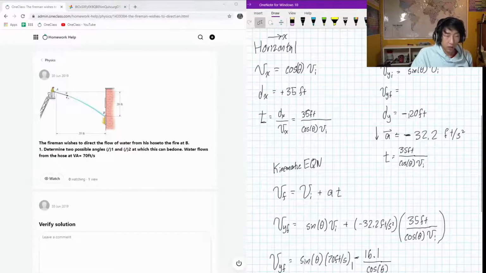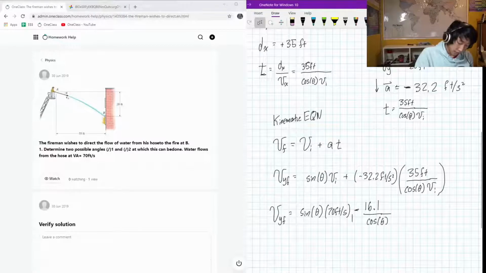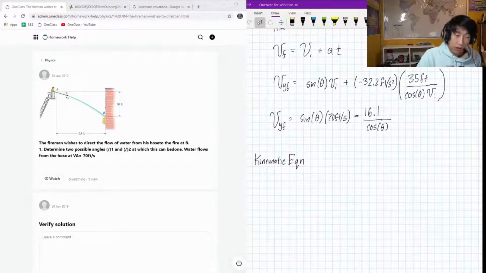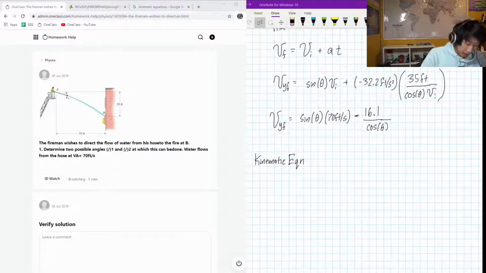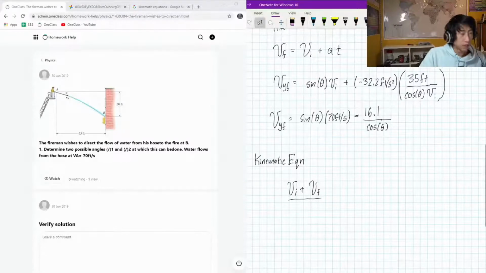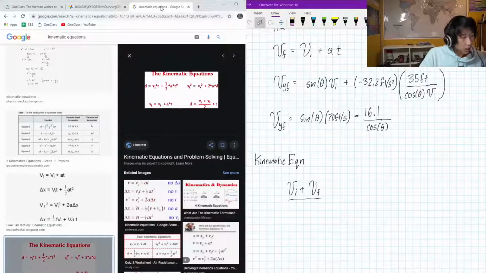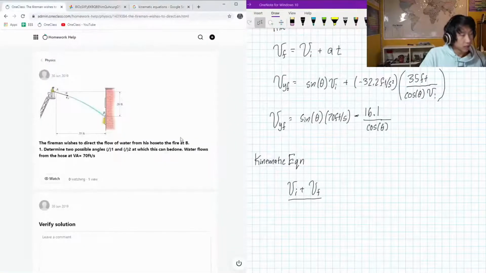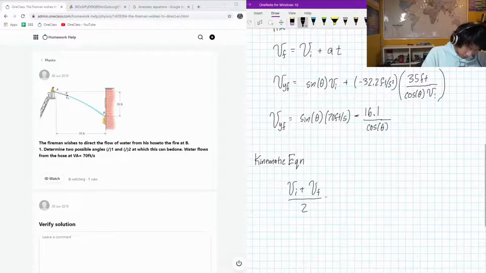Maybe another kinematic equation that we can use is that the sum of the velocities, the initial plus the final velocity, all divided by 2, times time, is equal to the distance.